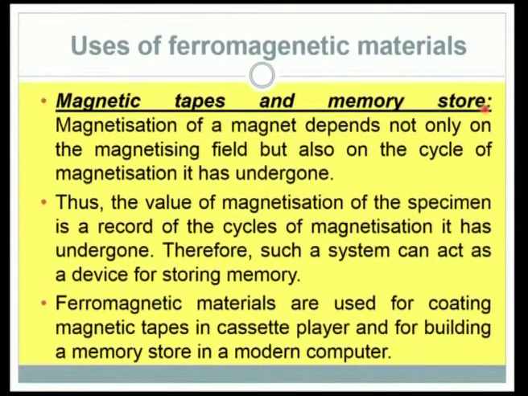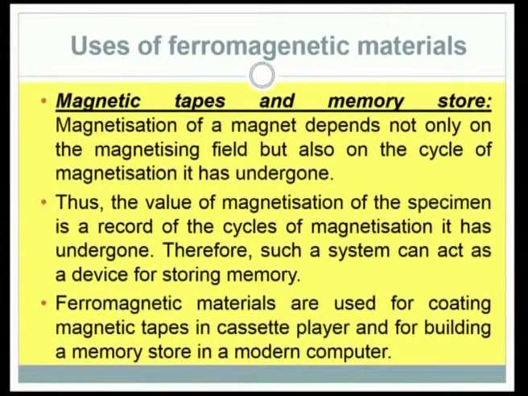We will see one more use of the ferromagnetic material, which is found in magnetic tapes and memory storage. Magnetization of a magnet depends not only on the magnetizing field but also on the cycle of magnetization it has undergone. Thus, the value of magnetization of the specimen is a record of the cycles of magnetization it has undergone. Therefore, such a system can act as a device for storing memory.